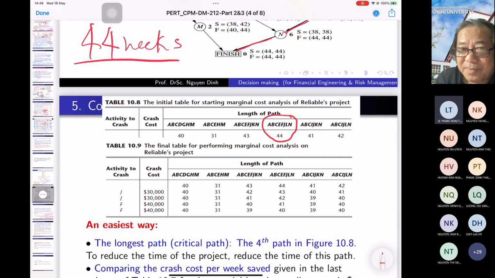Because the longest path's length is also the duration of the project. If you want to reduce the project time, first of all you have to think of the reduction of the nodes in this. Is that okay? So what are the nodes? The nodes in this are, I'll write down here, A, B, C, E, F. Where is it?